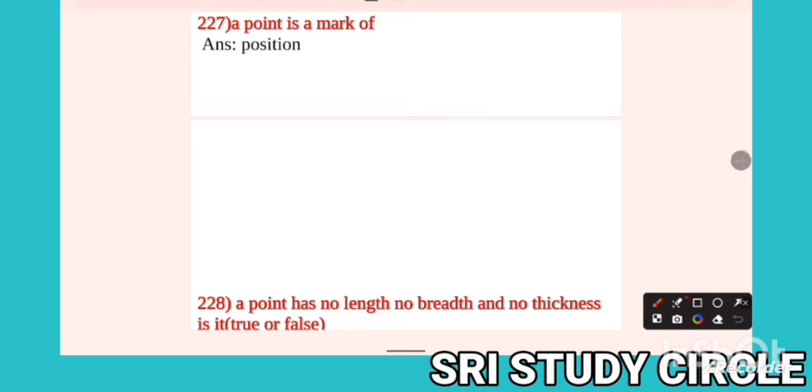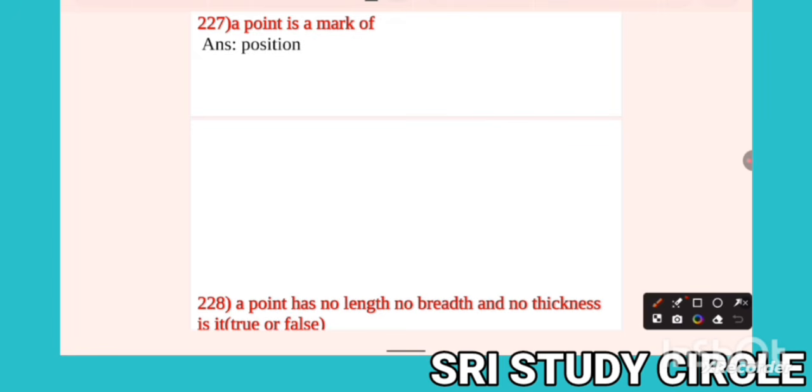A point is a mark, that is a position of the object. In a coordinate plane, the object's position is known by the distance from the x-axis to the object and from the y-axis to the object.